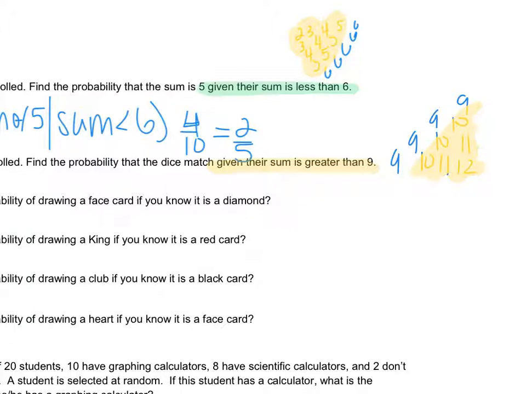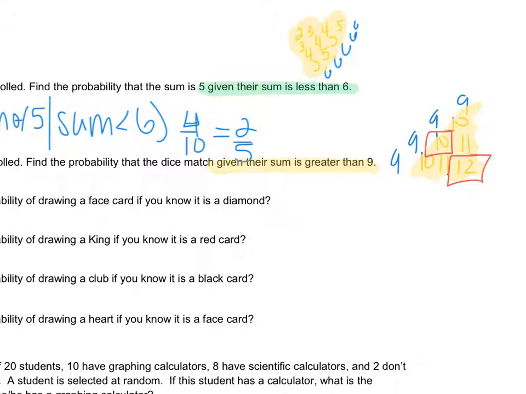So these numbers have sums greater than 9. And for it to say that the numbers match, that literally means the numbers have to match on the dice, like 1-1, 2-2, 3-3, 4-4, 5-5, and 6-6.